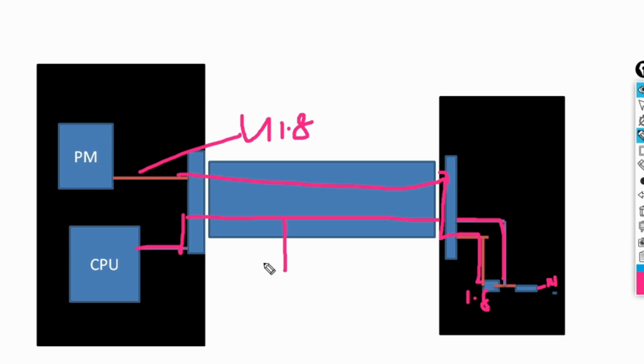The two lines are separate. This line is called VBat, right? This line is the VIO voltage, this line is VBat. So the CPU senses through this line how the temperature line works, whether the temperature increases or is in normal condition, right?